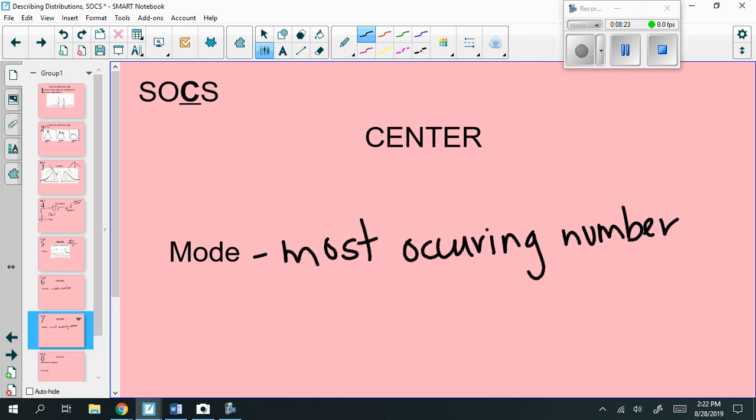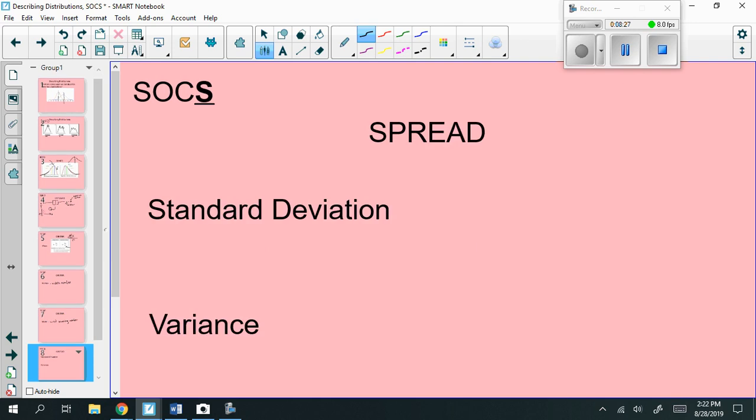And lastly, the way we describe a distribution is spread. With regards to spread, we've already talked a little bit about it, it is the standard deviation. And the standard deviation is related to our variance. Our standard deviation and our variance are ways that we talk about how spread out our data is, how far on average each data point is from the mean.